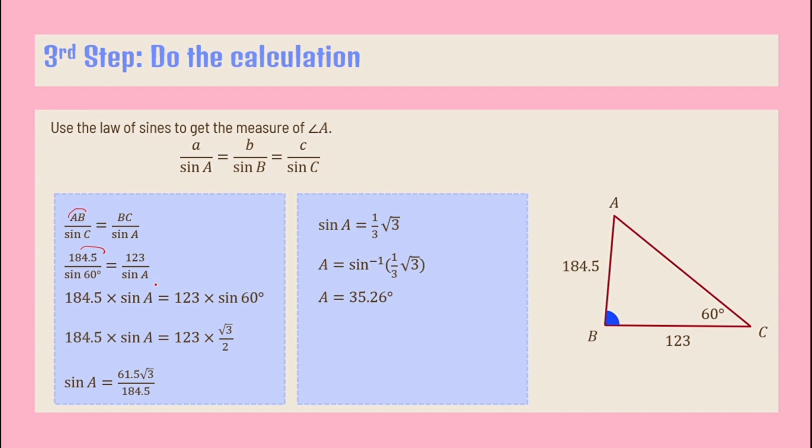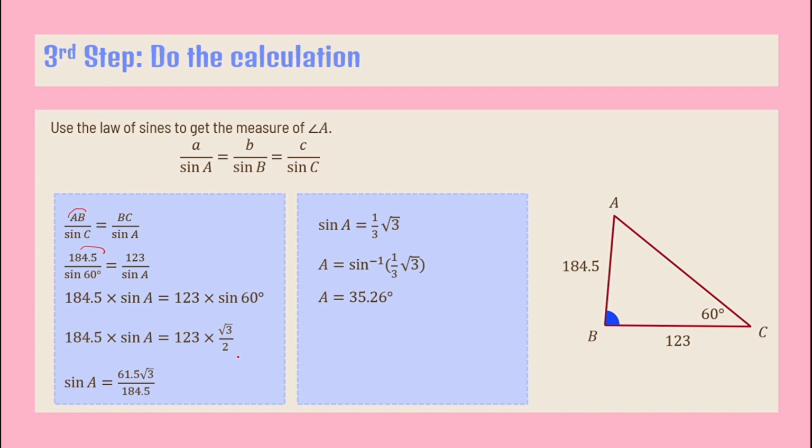Then we multiply both sides by sine of 60 degrees times sine of A. So the calculation will go 184.5 times sine of A equals 123 times sine of 60 degrees. We know that sine of 60 degrees equals square root of 3 over 2. So this equation is equivalent to 184.5 times sine of A equals 123 times square root of 3 over 2.